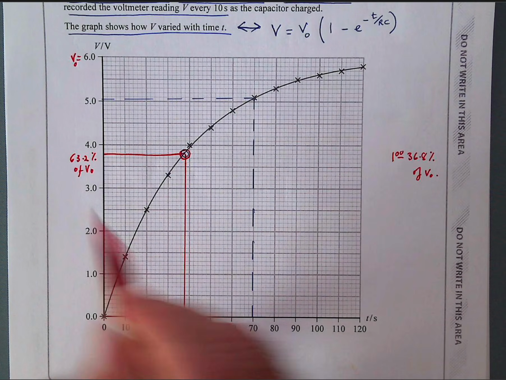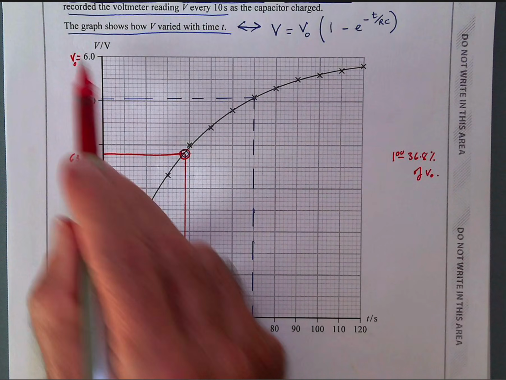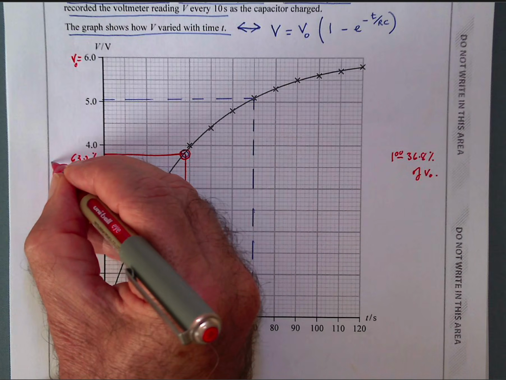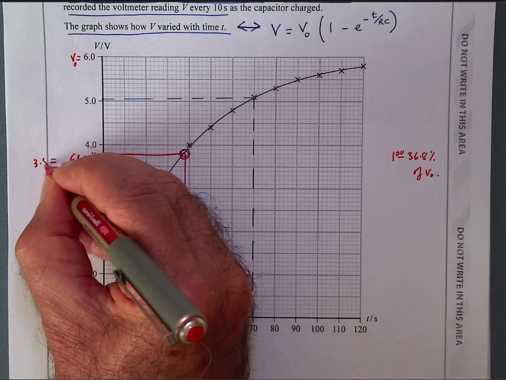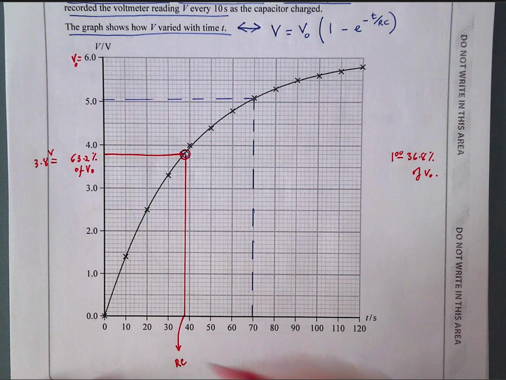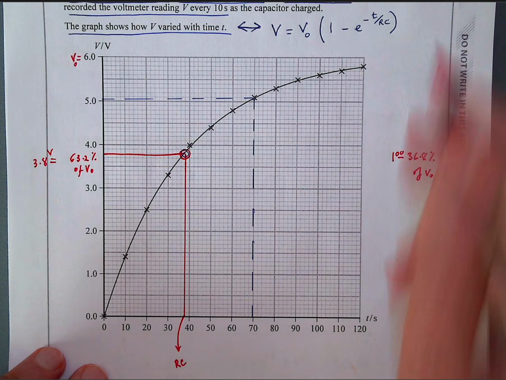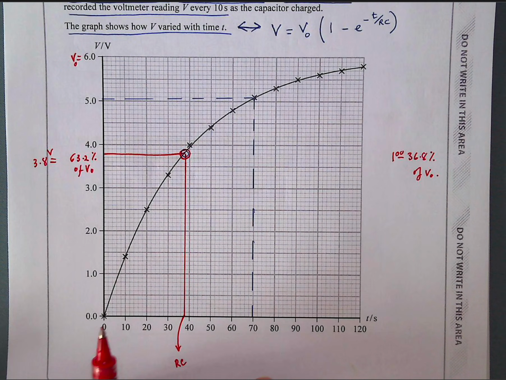So that's what I did. I looked at what is 63.2% of V0, and it comes to about 3.8 volts. At that point we know we've got the time constant, which is a shortcut to the answer. But I'm going to do it using this equation first to show you how it can be done.